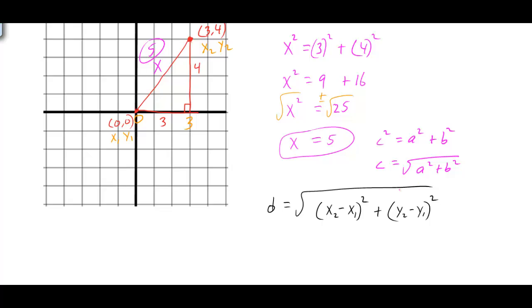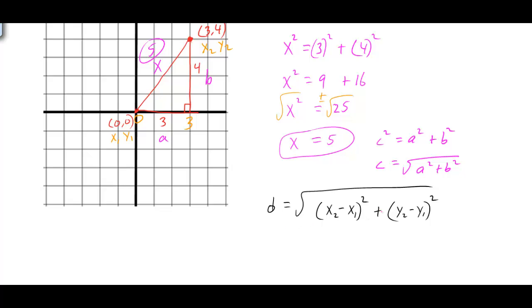So you can see the relationship here. A is representing the distance over here, and b is representing the distance here on the y. So we're squaring that, or subtracting x2 minus x1. That's really giving us our a value. y2 minus y1 is really giving us our b value. So this is kind of like our Pythagorean theorem.